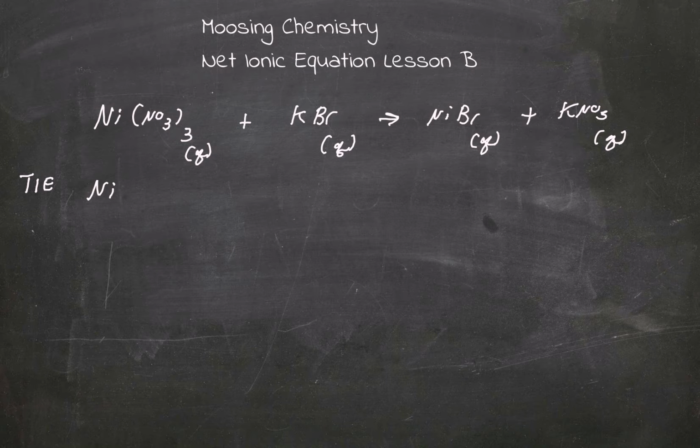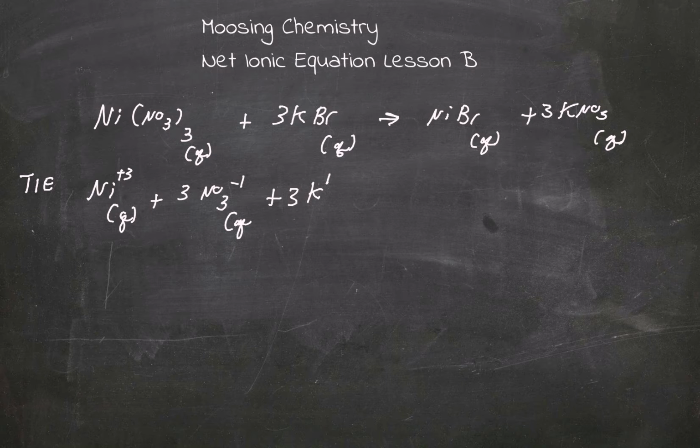So this is Ni plus 3 (aq) plus 3 NO3 minus (aq) plus K1. Oh, by the way, sorry, I needed to balance it. Yeah, there you go. That'll balance it.